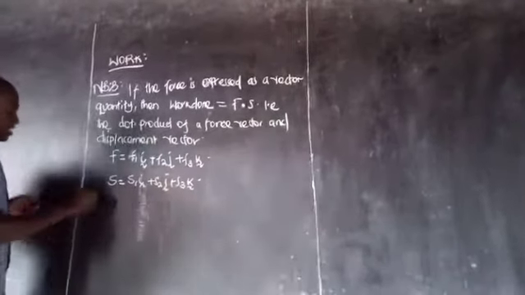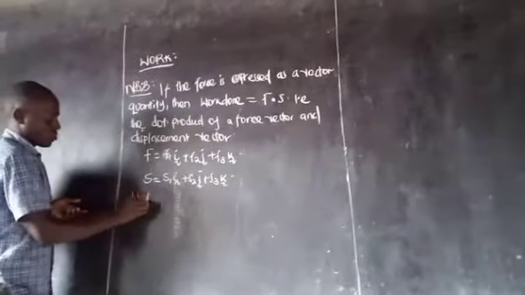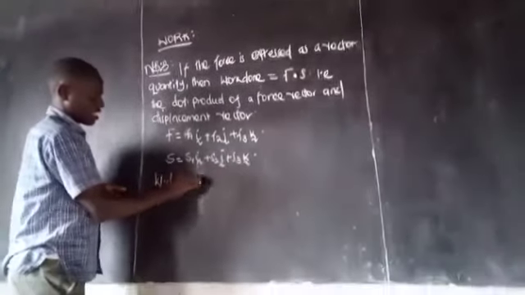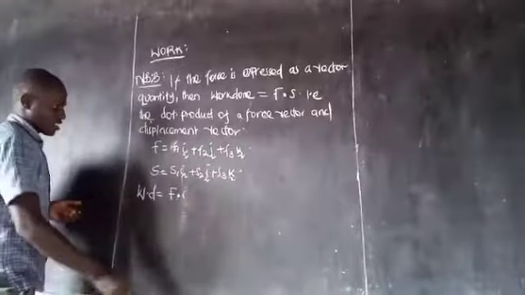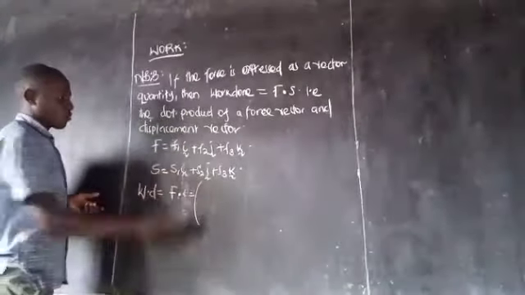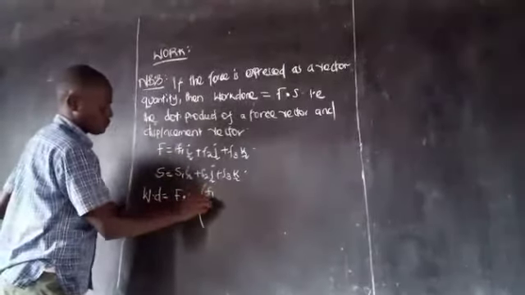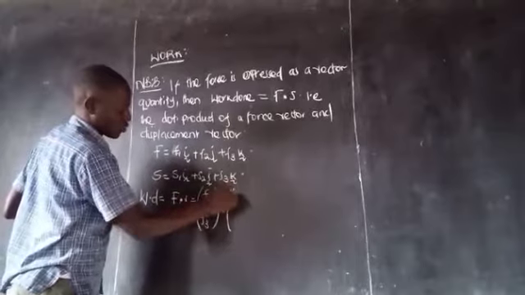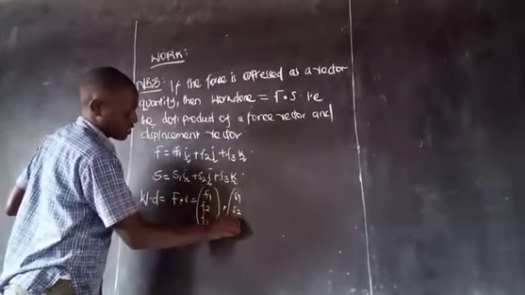Then we say that to get the work done, it will be the dot product of F and S. We dot them in column form where we have F1, F2, F3, and then dot S1, S2, S3.